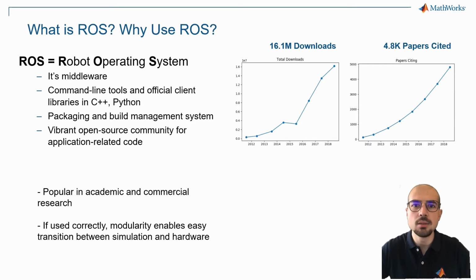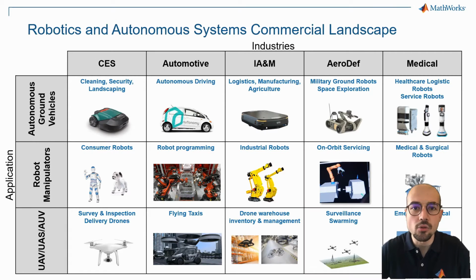But let's see in particular where ROS is used. ROS is used in a variety of contexts. First, it's used by mobile robots such as cleaning, security, and small robots. But staying with the wheels, it's used also on vehicles and, let's say, military or any type of moving vehicles.